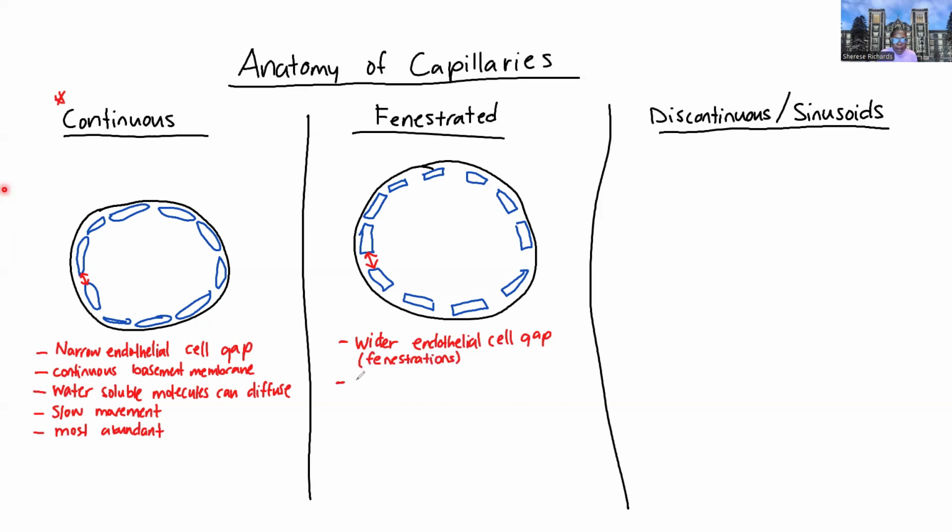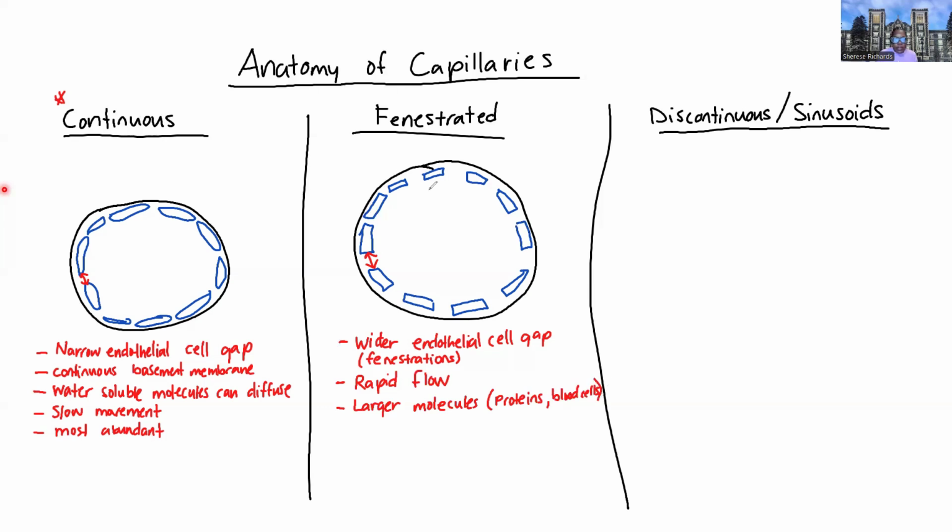We also have rapid flow happening here just because the spaces are larger. So rapid flow, and then we allow larger molecules to pass through here. So larger molecules, for example, proteins or blood cells.